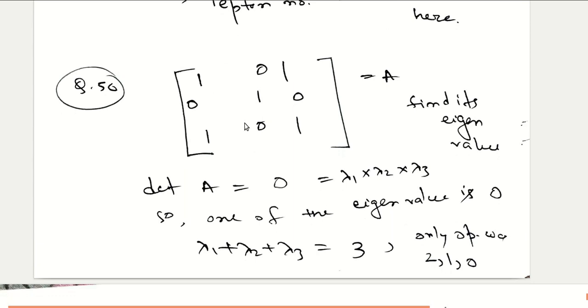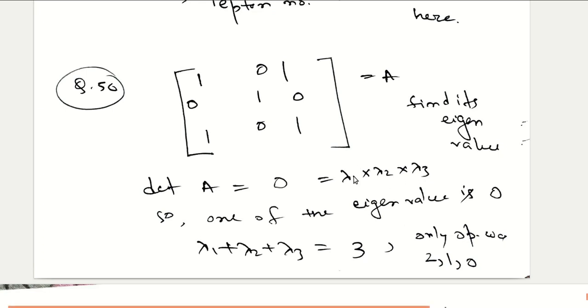So a matrix was given to you, 1 0 1, 0 1 0, and 0 1 1 0 1. For this matrix you need to find the eigenvalues. As you know, the sum of the eigenvalues is the trace of the matrix. The trace of the matrix is 3. So lambda 1 plus lambda 2 plus lambda 3 will be 3. If you calculate the determinant, it will be equal to 0, so lambda 1 into lambda 2 into lambda 3 will be equal to 0.